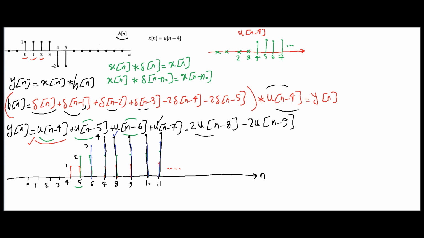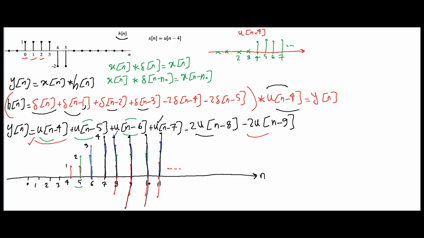The signal minus 2 u[n minus 8] begins at n equals 8 with an amplitude of negative 2. Similarly, minus 2 u[n minus 9] begins at n equals 9.